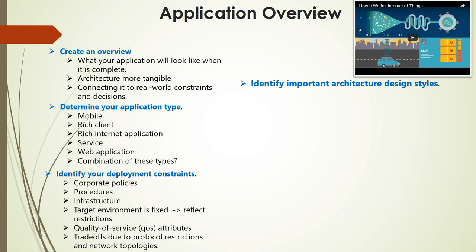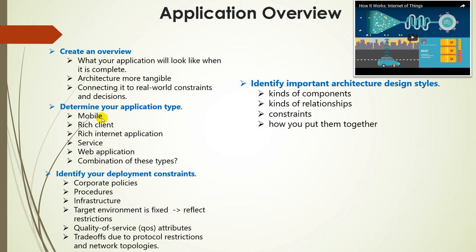The next step is identify important architecture design styles. Each style defines a set of rules that specify the kind of components you can use to assemble a system, the kind of relationships used in their assembly, constraints on the way they are assembled, and assumptions about the meaning of how you put them together.